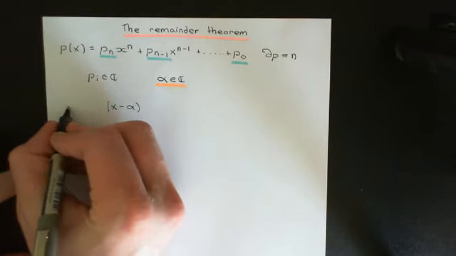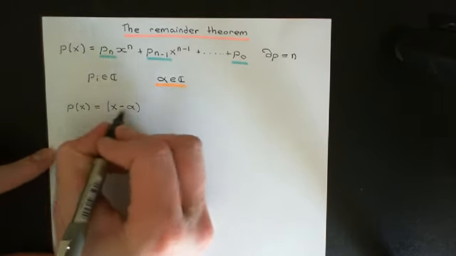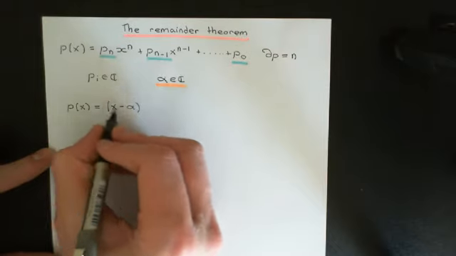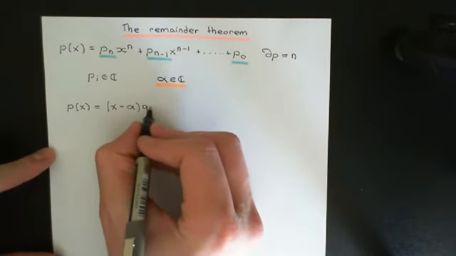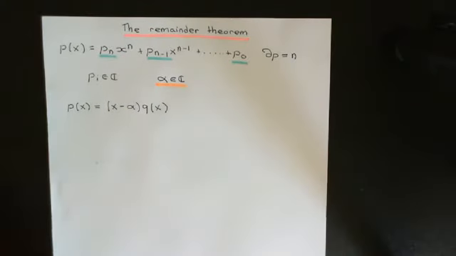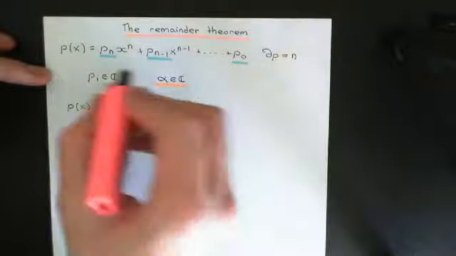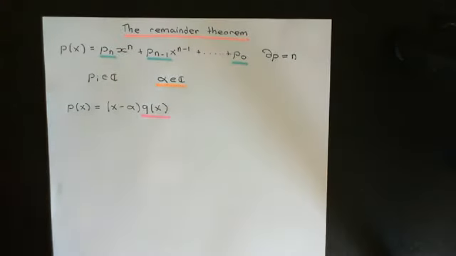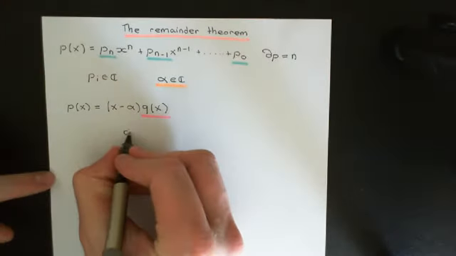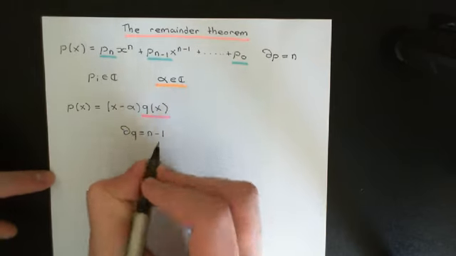You can rewrite this polynomial p of x as x minus alpha, this linear term, times some other polynomial which we'll call q of x. Q of x is a polynomial of degree 1 less than p, so del q, the degree of q, will be equal to n minus 1.